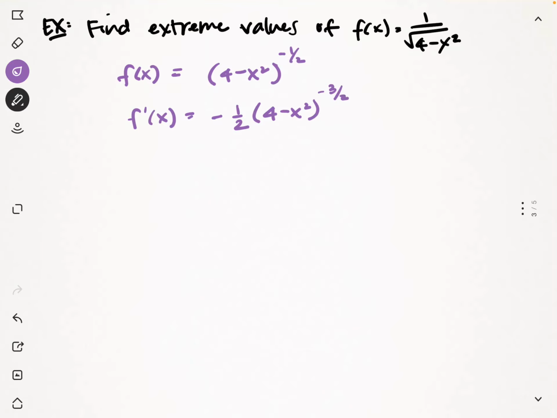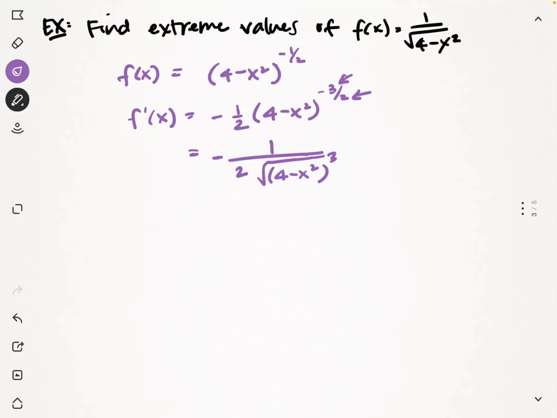All right, so let's rewrite this now nicely. So we have negative, 2 stays in the denominator, and put the 1 in the numerator, and then what this is going to become is 4 minus x squared square root to the 3rd power. Right, the top is the power, the bottom is the root.